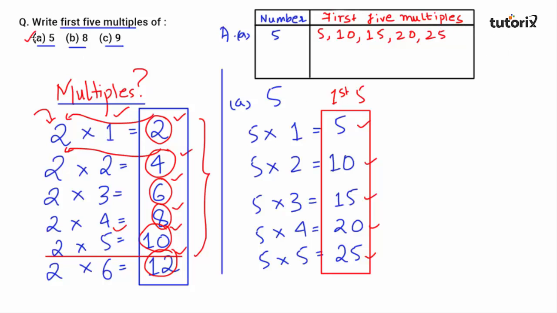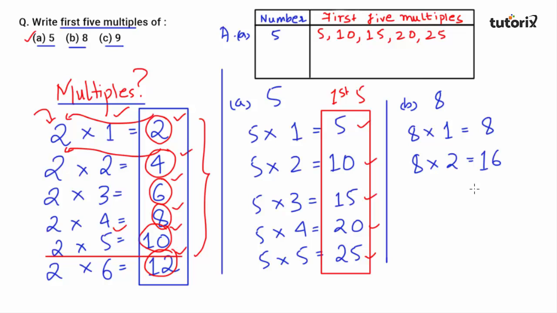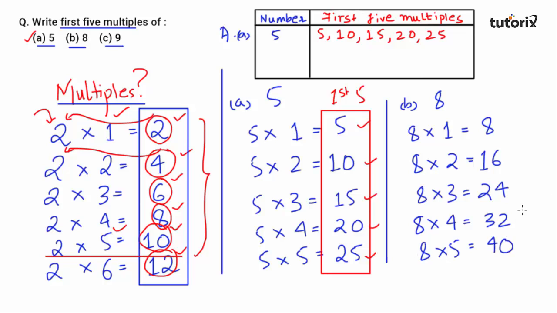See, we got the first part already. Let us now look at the second part. So here we have the number 8. So let's get to writing the table of 8. We know that 8 into 1 is 8, 8 into 2 is 16, 8 into 3 is 24, 8 into 4 is 32, and 8 into 5 is, of course, 40.